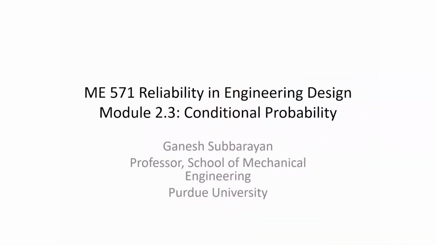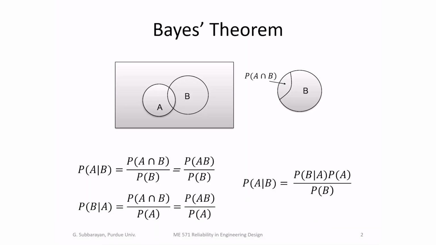Now we're going to continue on, and we're going to discuss conditional probability. If you recall, conditional probability, which is denoted as shown here, is to be read as the probability of event A occurring given that event B has occurred.